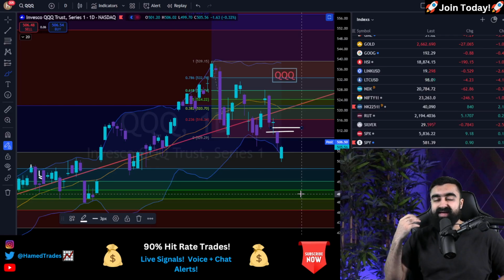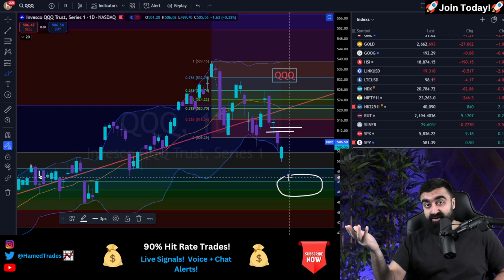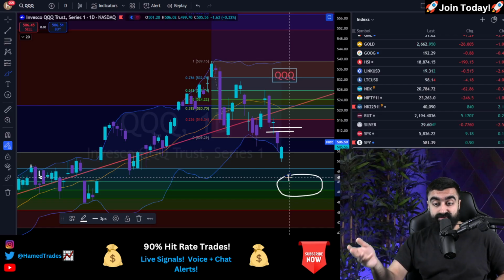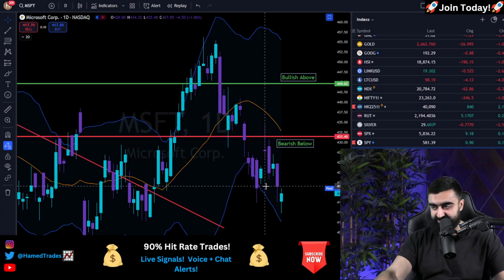The S&P, the NASDAQ, in my opinion, there should be a bit more room to go. I wouldn't be surprised to see the NASDAQ down at the 490, 495-ish area. I don't think that's off the table still. That's the problem with being too aggressively long: there's still more room to the downside, and that's really my thought process.